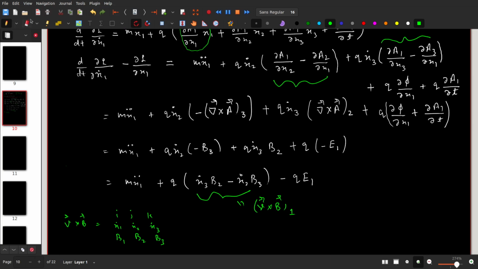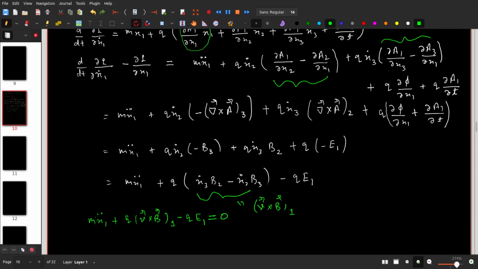So now we have our equation. The first Euler-Lagrange equation becomes mx1 double dot plus q V cross B first component minus q E first component equals 0.